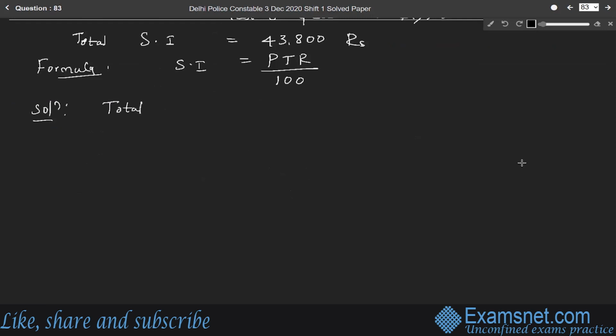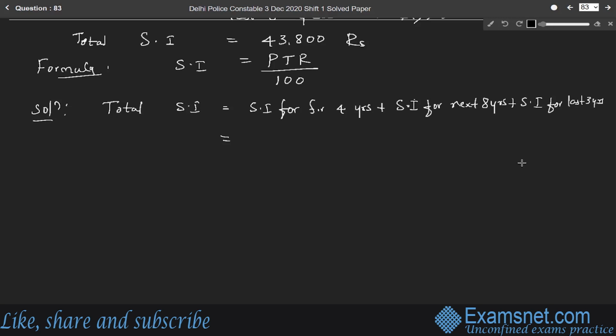Total simple interest is equal to simple interest for the first 4 years plus simple interest for the next 8 years plus simple interest for the last 3 years, right?